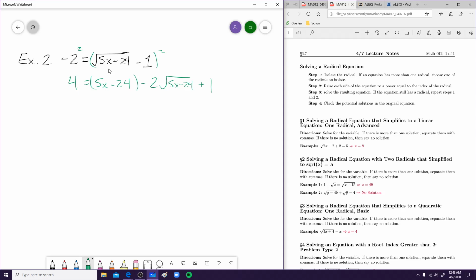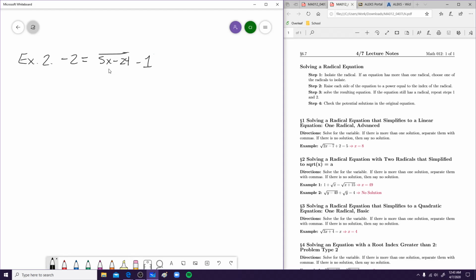Right? As you can see, this does not get rid of our radical. It just gives us something even longer and more complicated that we have to deal with. So that is why we have to isolate the radical first, because then we can for sure get rid of the radical.